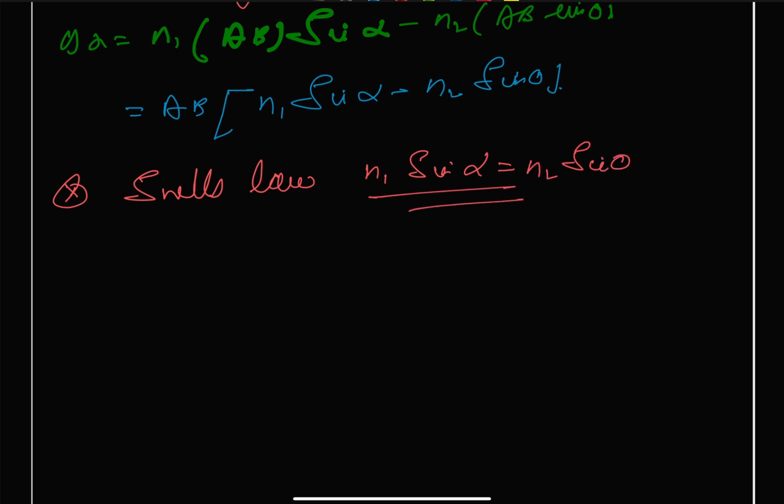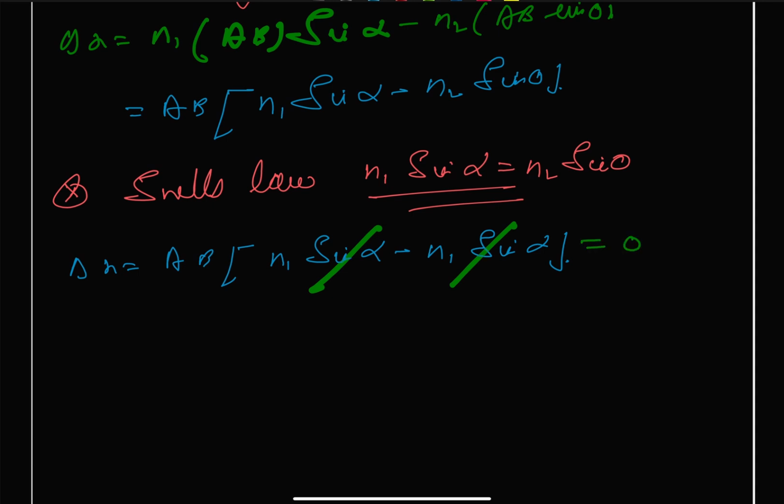Therefore, we can write delta x will be equal to AB, and we can easily substitute it now, n1 sine of alpha minus n1 sine of alpha. These two cancel out, so the path difference delta x will be equal to 0.